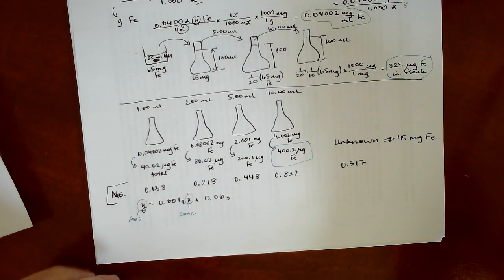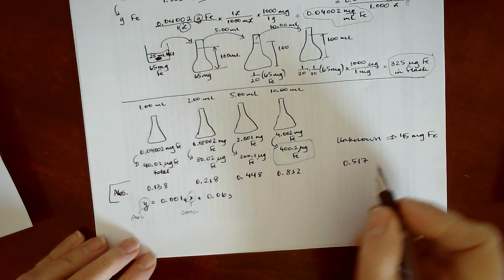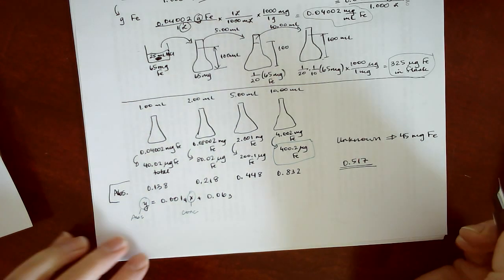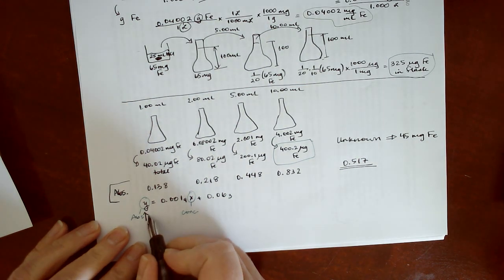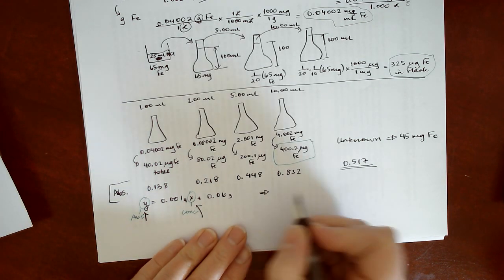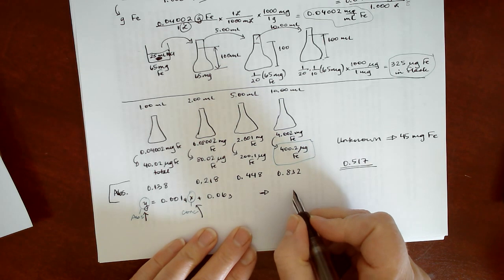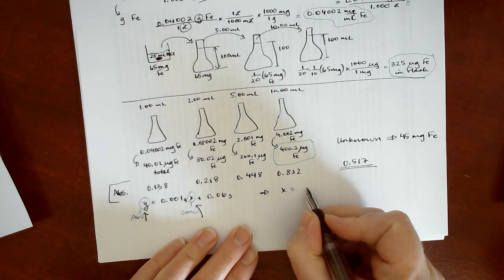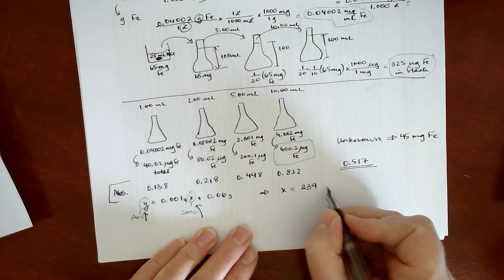And so you're going to use your absorbance for your unknown and plug it in for y, and then solve for your concentration of your unknown. And so using her data, if I plug that in, I get x equals 239 micrograms.